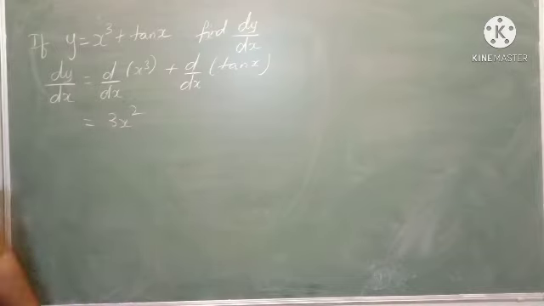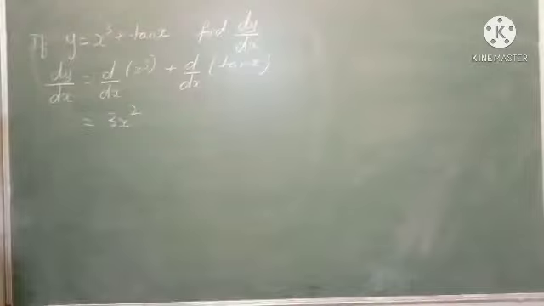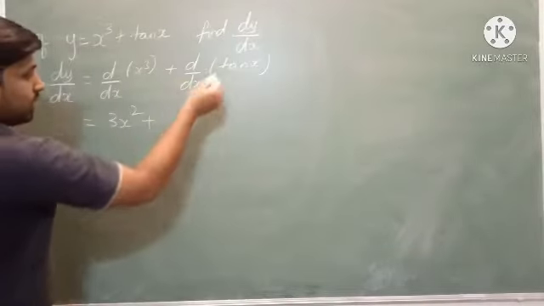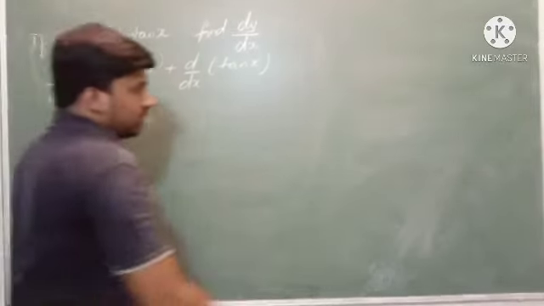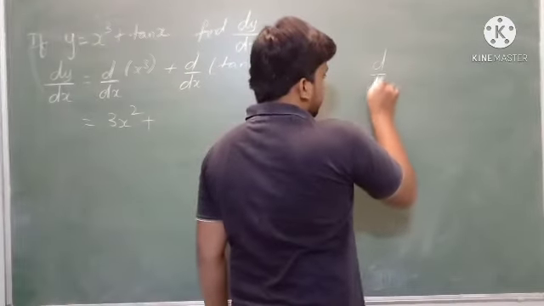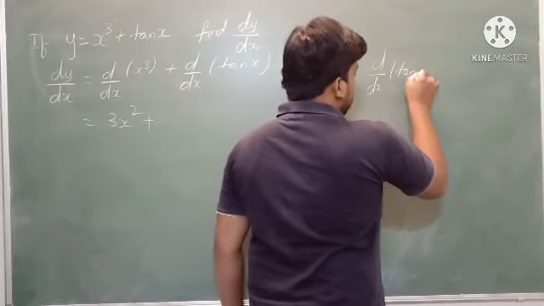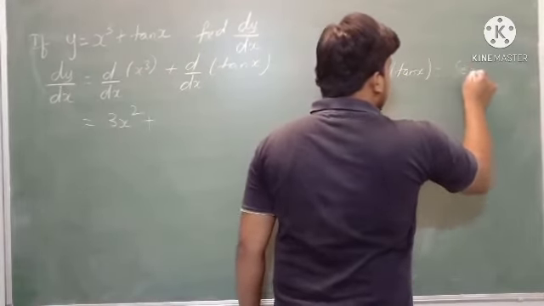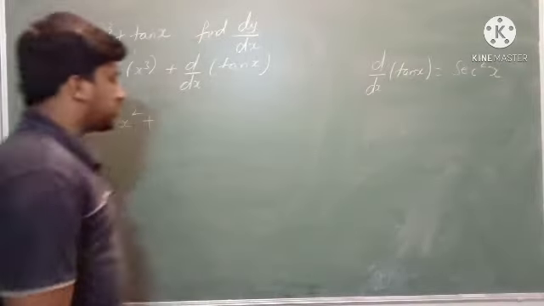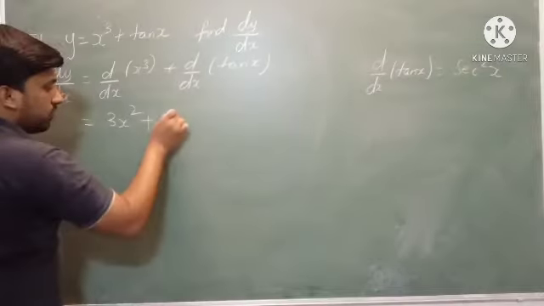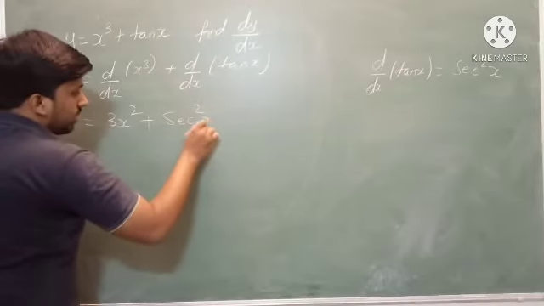So plus, what is d by dx of tan x? That is nothing but secant square x. So we will be writing here the derivative of tan x is secant square x.